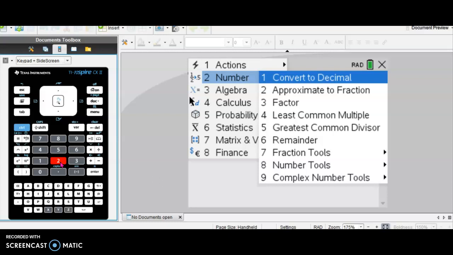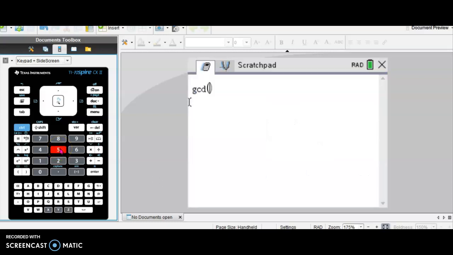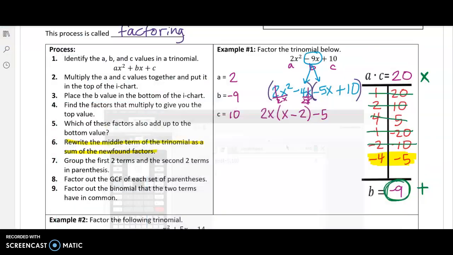We call it the greatest common factor, but it is number 5. And you just need to type in the two numbers that you're trying to find the greatest common factor of. In this case, negative 5 comma positive 10. And our GCF, it says, is 5, but keeping in mind we do want to keep the negative with it. So we are factoring out a negative 5, not a positive 5.